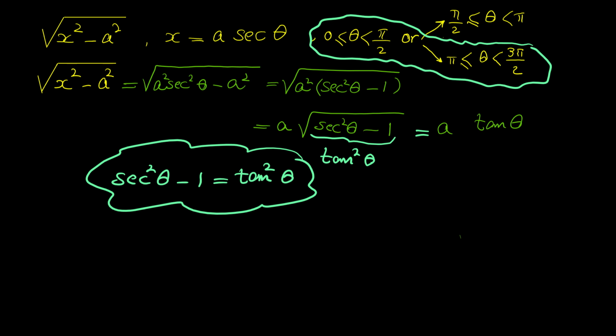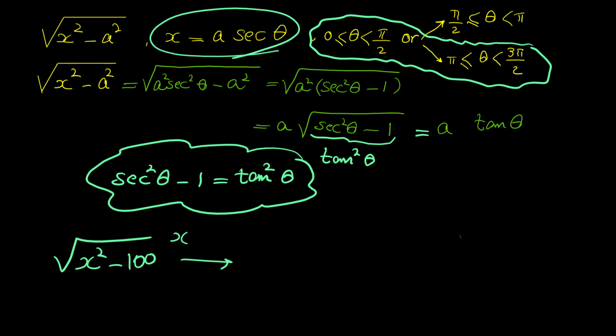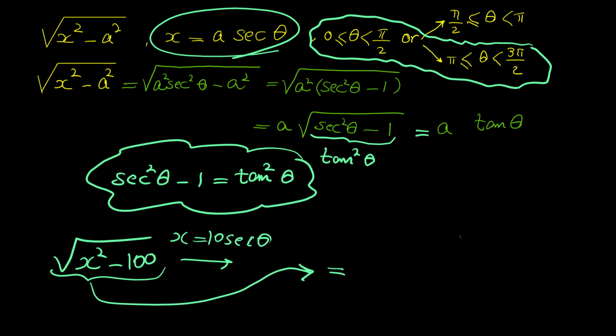So for example, if in a question we have radical x to the 2 minus 100, then by this substitution, which is x equals 10 secant theta, this radical would be equal to what? It equals 10, because a to the 2 is 100, so a is 10. So this radical is equal to 10 times tangent theta.